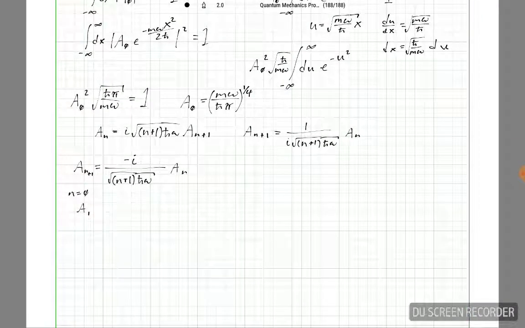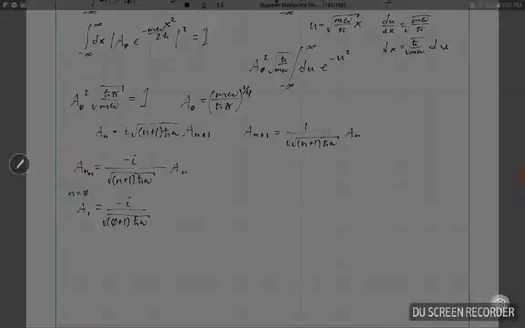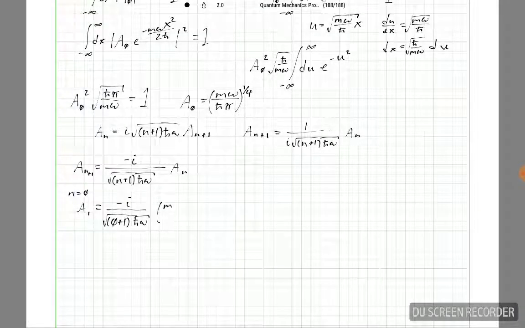All right, n equals 0 gives me a1, negative i over the square root of 0 plus 1 h bar omega, times a naught. So that gives me, let's just go ahead and replace a naught here with m omega over h bar pi to the 1/4 power.